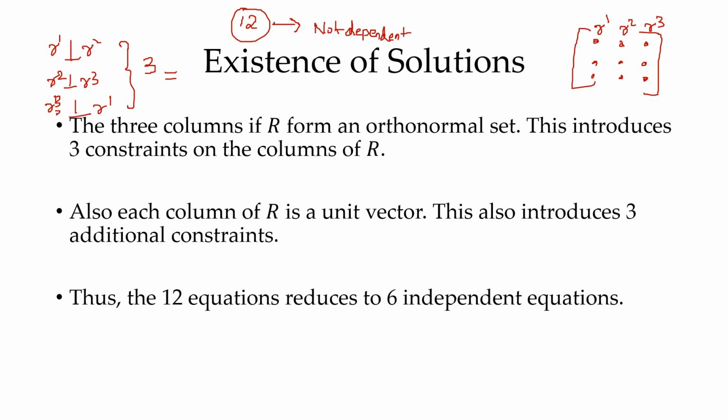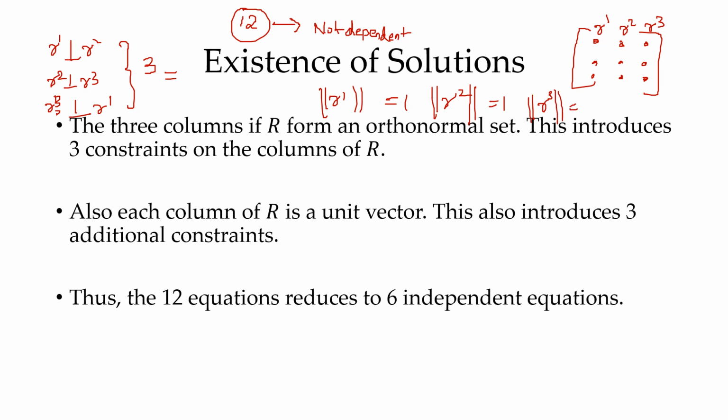Similarly, each of these columns has length 1. So the norm of R1 is 1, the norm of R2 is 1, and the norm of R3 is also equal to 1.